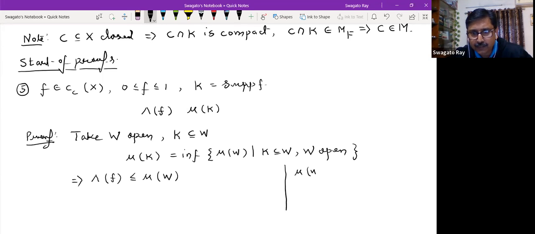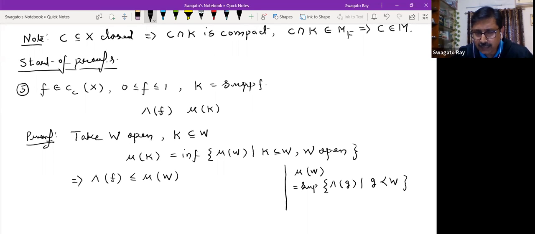W is an open set. What is μW? It is defined as the supremum of λg where g is supported inside W. This is the definition for an open set. Agreed? Yes, sir. Apply this definition in this setup.